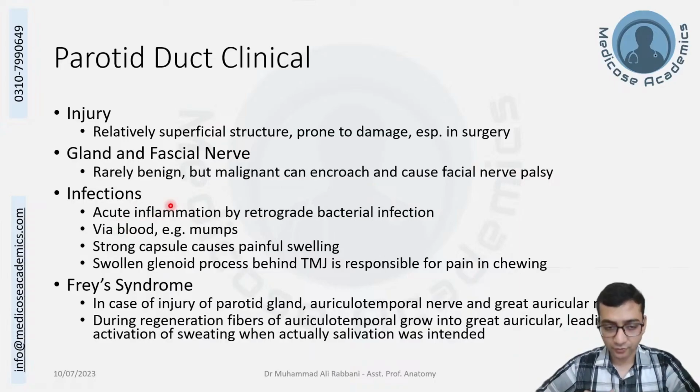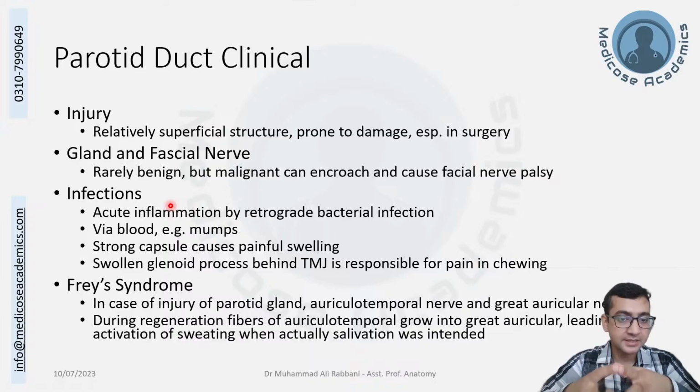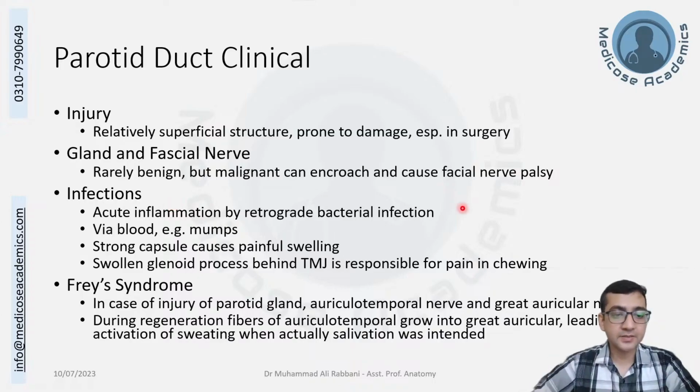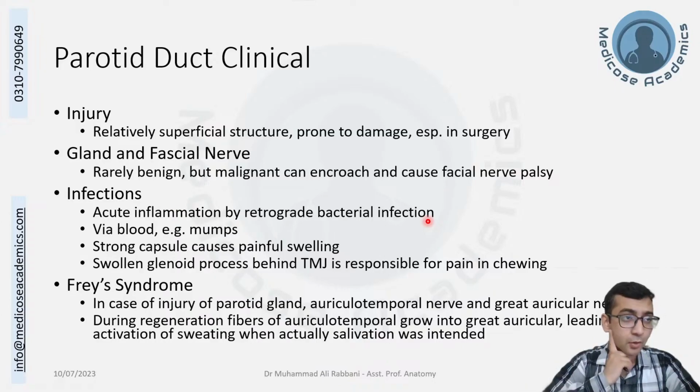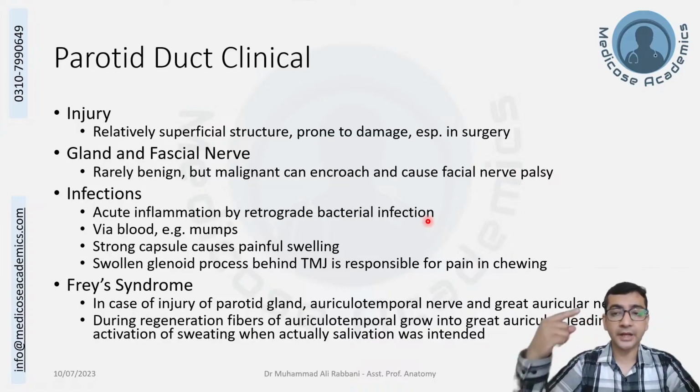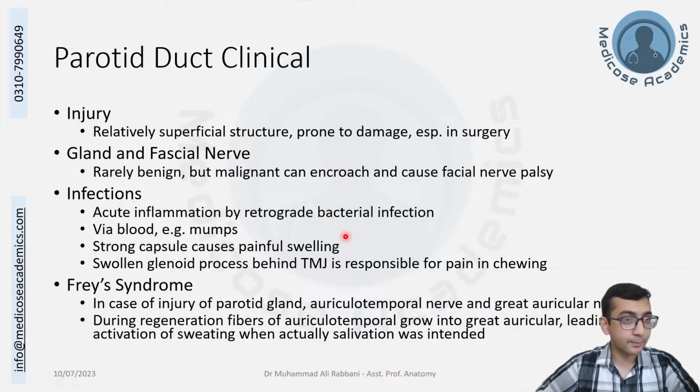Or via blood, like in the case of mumps, it leads to a very painful swelling. When the parotid gland tries to swell, it gets tight and pressurized inside its capsule. It is present on the masseter, around the temporomandibular joint, so any movement for talking and chewing will lead to excruciating pain, and these pains are carried by the greater auricular nerve.